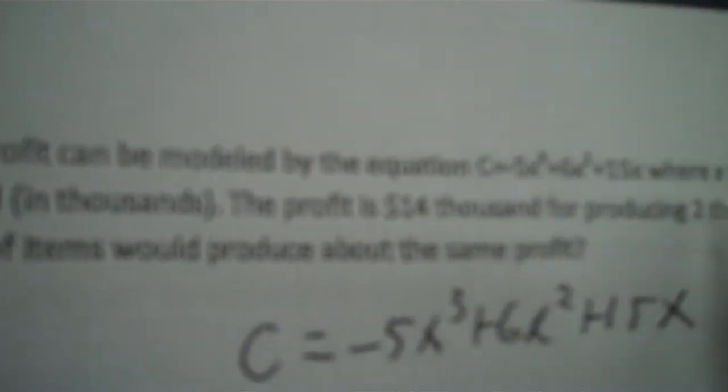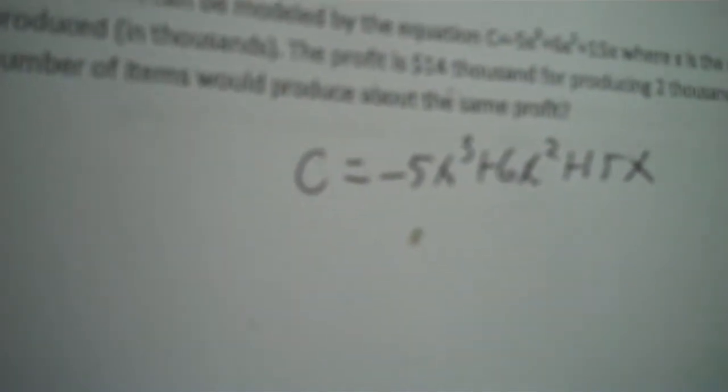That's a negative in front of your 5. Now we got to know what the variables mean. Okay. C is cost, X is items, and they just say items, so yeah. Okay, now they give me values for those at the same time in the same sentence. So 14,000, 14 is C, 2 is X. Now we're going to verify that that's true.